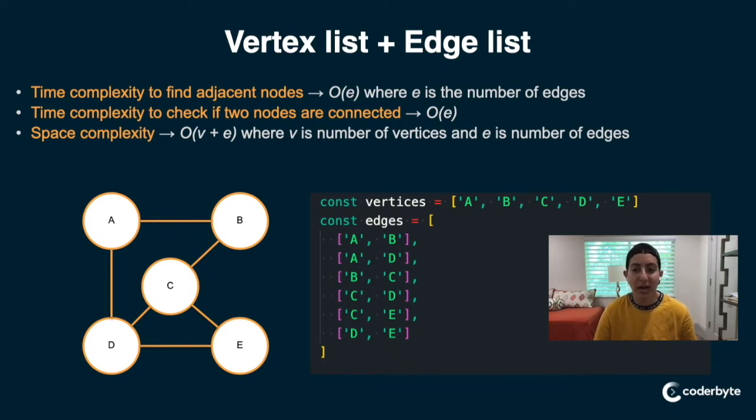And you would also have to store an array in the edges array for every connection. So the space complexity has a big O of V plus E, where V is the number of vertices and E is the number of edges, because you'll always have to have at least a list of all of the vertices and at least a list of every single edge. So you add those 2 together, and that's how you get the big O of V plus E.